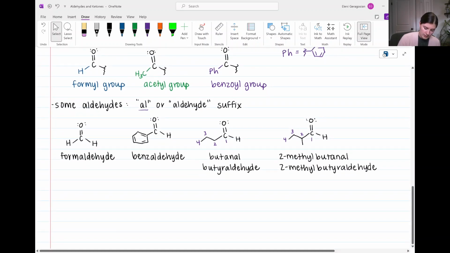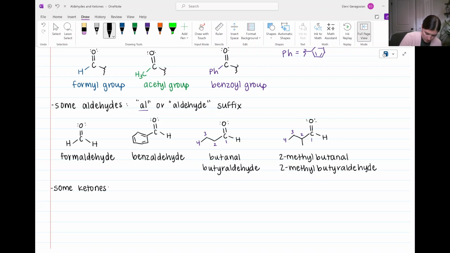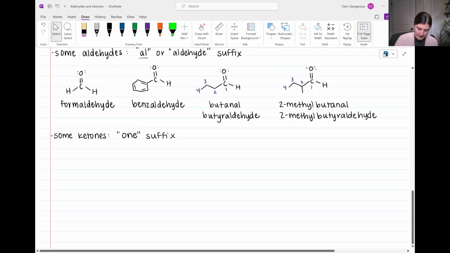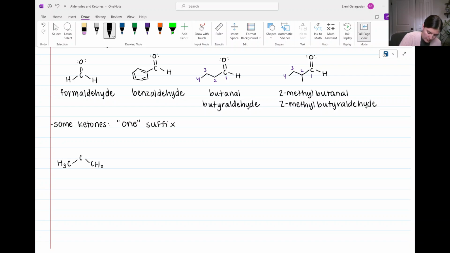So now let's do some names for ketones. For ketones, we use the -one suffix. So we will draw 5 structures this time and then name all of them. So the first one has 2 methyl groups bonded to the carbonyl carbon.